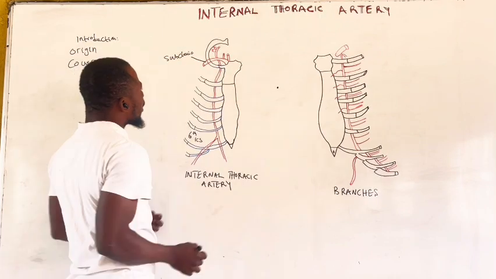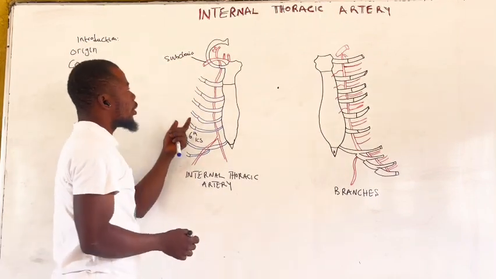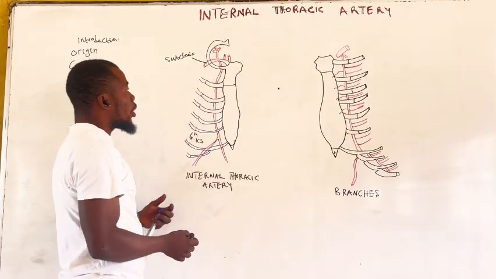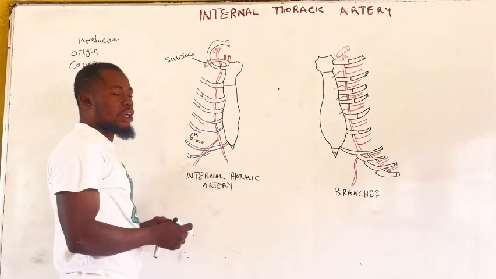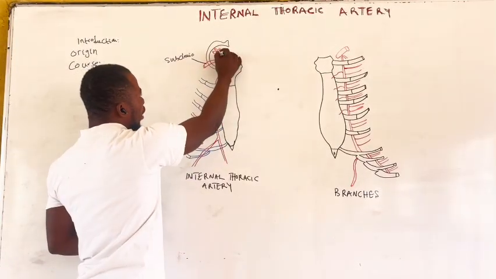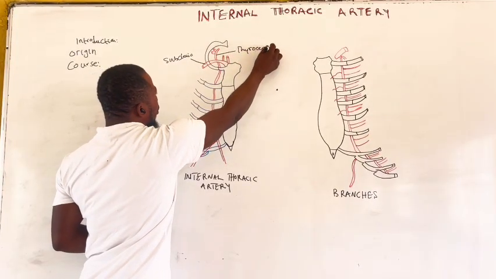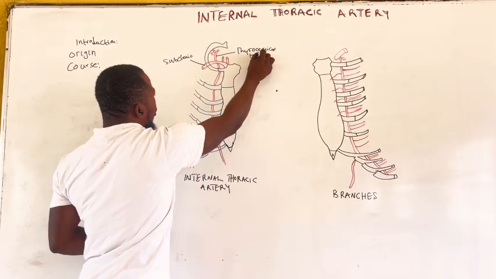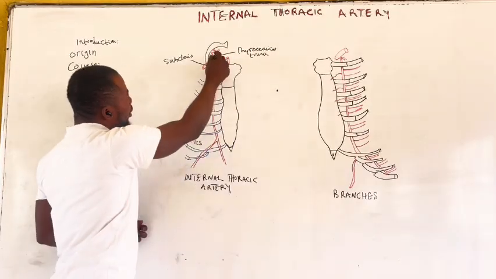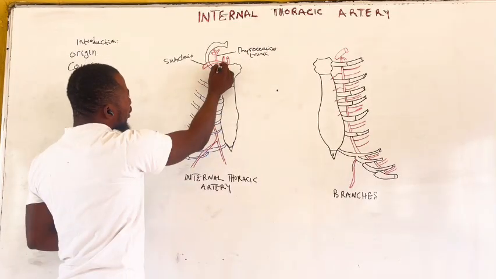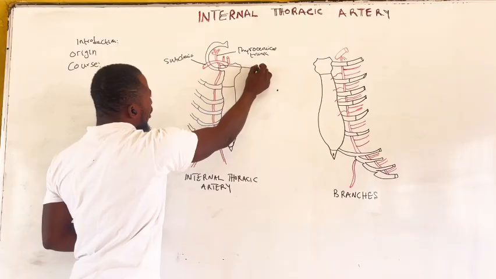So from here is our subclavian artery. We say that it arises from the lower border of the first part of the subclavian artery opposite the origin of the thyrocervical trunk. Above here is our thyrocervical trunk. So below the thyrocervical trunk, that is where the internal thoracic artery originated.